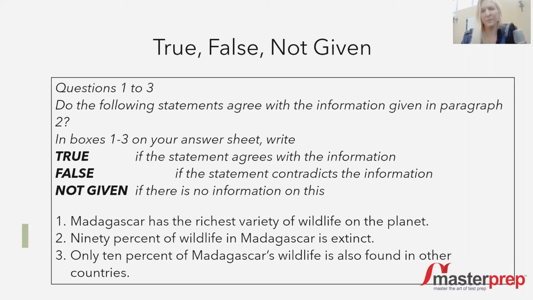So if we take a look at the true, false, not given questions, here is a simple example to show you what it looks like in the exam. If you've already done the test, then you already know what it looks like. So you'll generally have the first set of questions, questions 1 to 3. Do the following statements agree with the information given in paragraph 2, for example? And then you'll see true, false, not given, and then 3 statements.